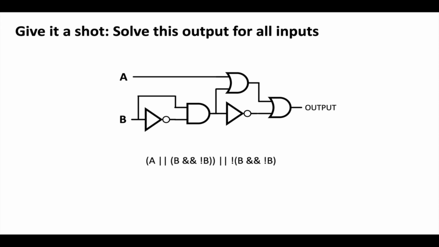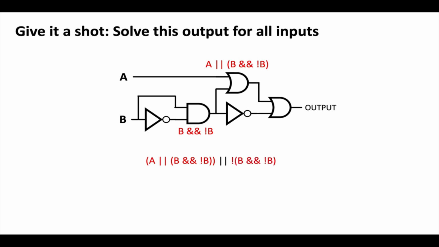Here's the resulting Boolean equation for this logic circuit. Let's walk through it and see how we got that. First of all, this piece comes from this AND gate, where B is diverted around the NOT gate into one input and then flows through the NOT gate into another, giving us B and not B. This piece comes from this OR gate, where A flows into one of the inputs of the OR gate, and the result of the bottom B and not B flows into the other input.